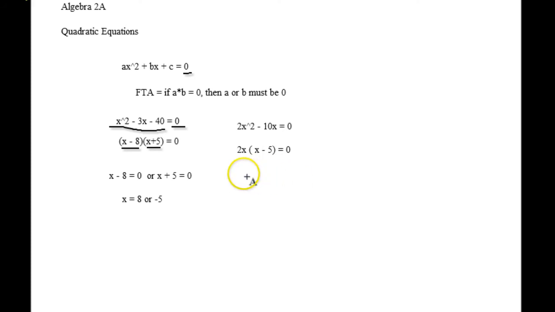What you do is set up each part equal to 0, because now the a is the 2x and the b is the x minus 5. When you solve it, you should get x is equal to 0 or 5. So that's greatest common factor, and there are also some other ways on there, like solving by the AC method.